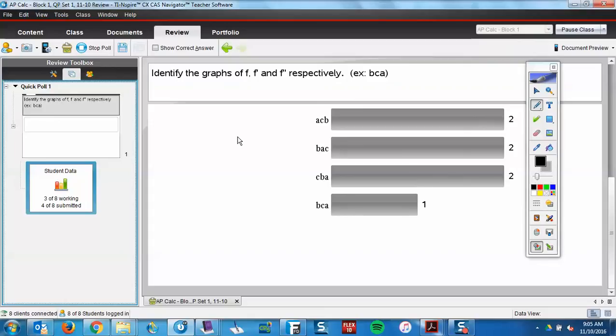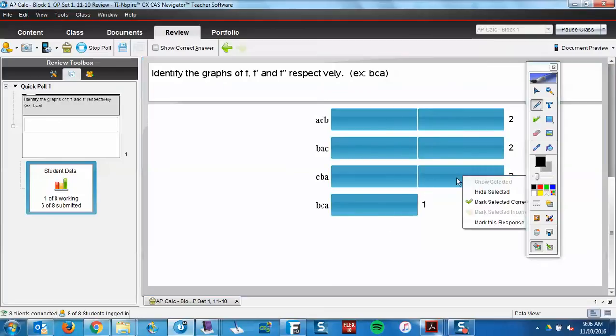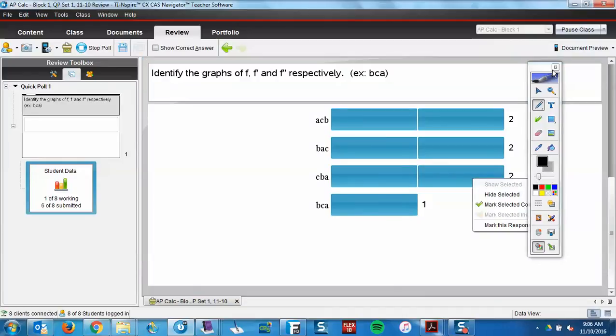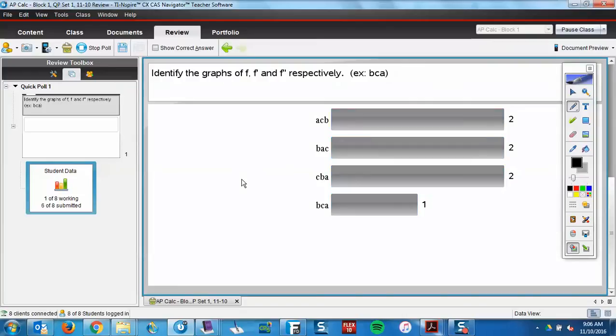One is F prime, one is F double prime. Yeah, you could resubmit.